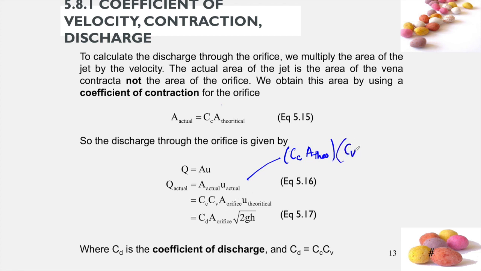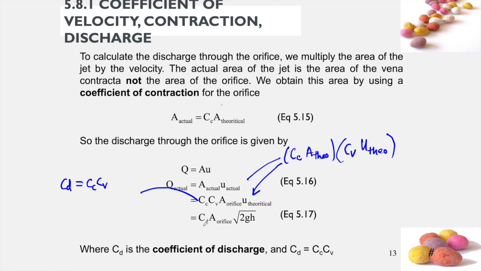Then the other term is CV times U theoretical. So this equation is rearranged: CC times CV, A orifice, and U theoretical. From here, we can simplify the CC and CV terms. So we introduce a new coefficient CD, where CD is equivalent to CC times CV. Okay, this is the coefficient of discharge.